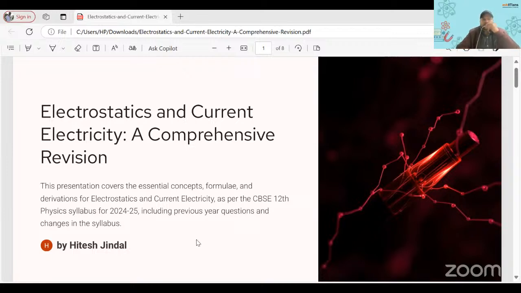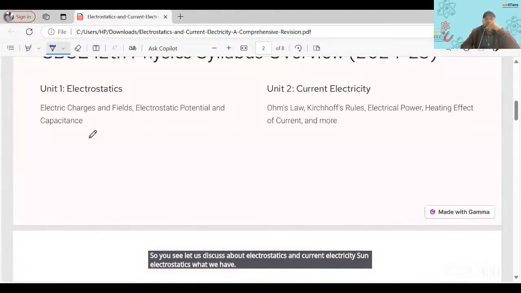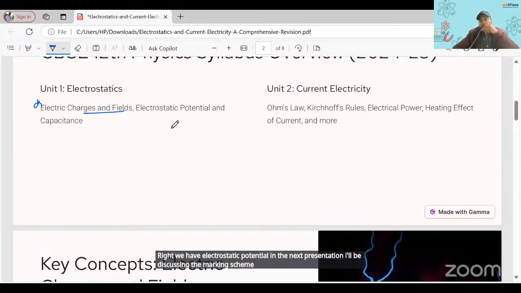So, let us discuss electrostatics and current electricity. In electrostatics, we have two chapters. We have electric charges and fields, and electrostatic potential and capacitance. In the next presentation, I'll be discussing the marking scheme, the syllabus and all.